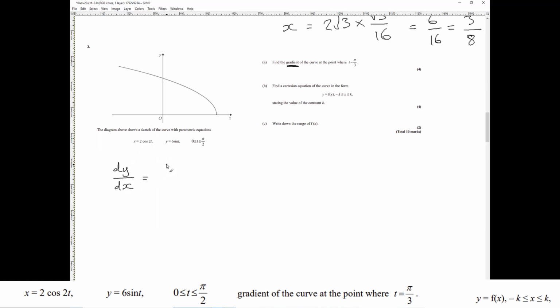Good for you if you're trying to derive it from the chain rule, but it's a reliable mnemonic that dy by dx is just that top one, dy by dt, and then dx over dt, dx by dt on the bottom.